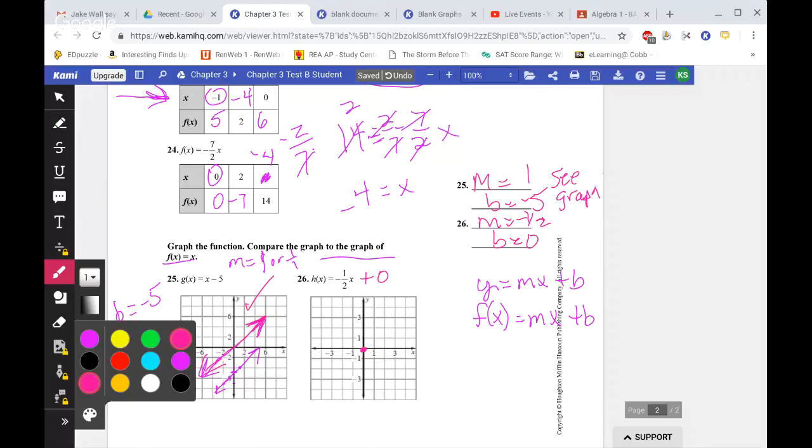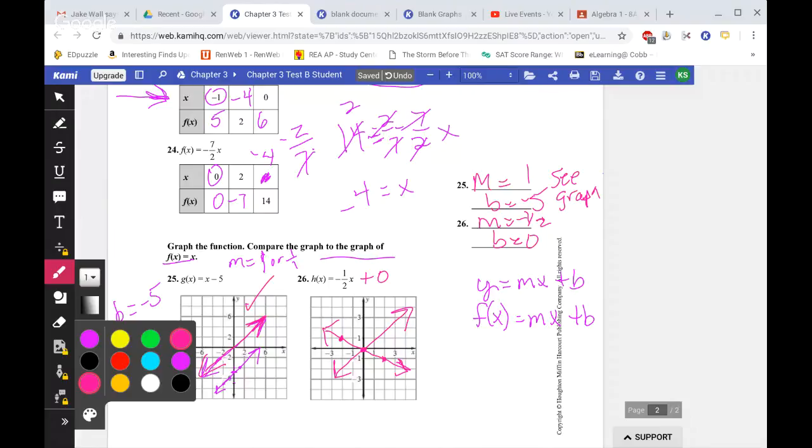But we're going to go down 1, right 2, or up 1, left 2, as the slope is -1/2. And then the parent graph looks like this. So you really won't have to label it. I'll know the difference.